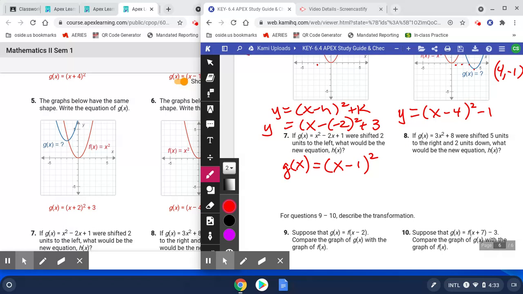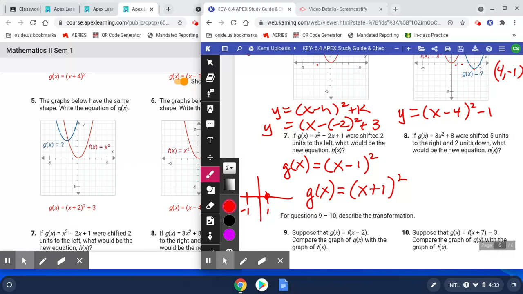And then if it was shifted 2 more units to the left, picture this graph is currently at right 1. And so we want it to now shift 1, 2 to the left to negative 1. And that becomes x plus 1 squared.